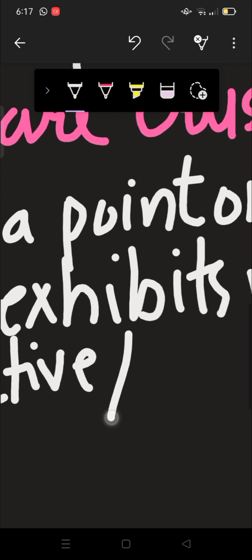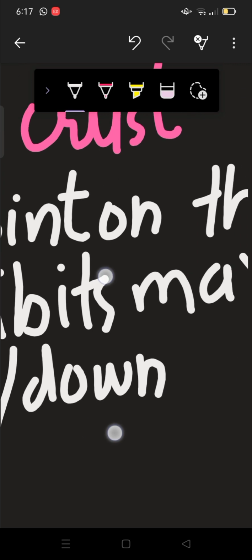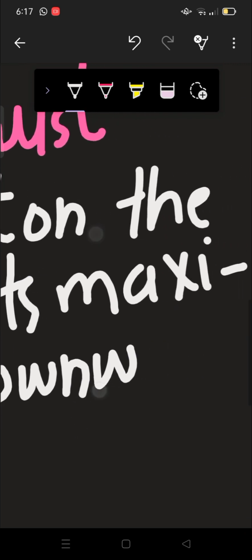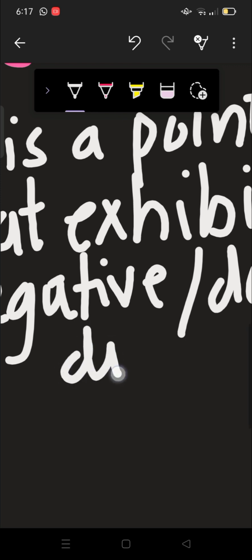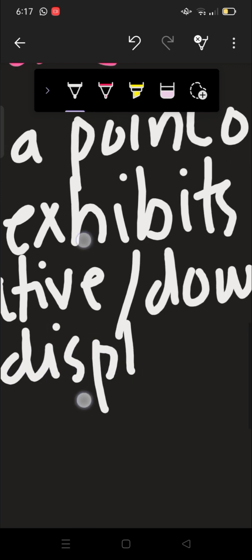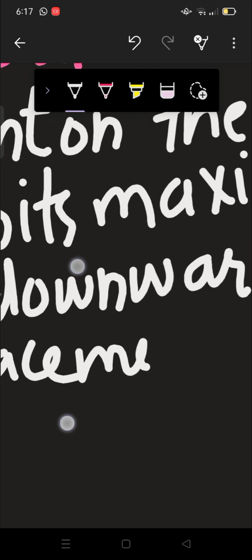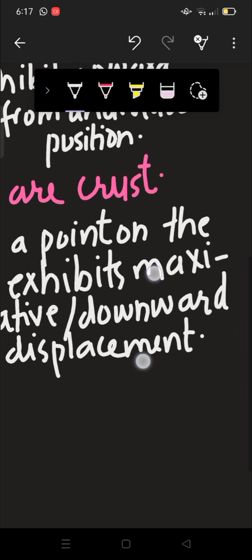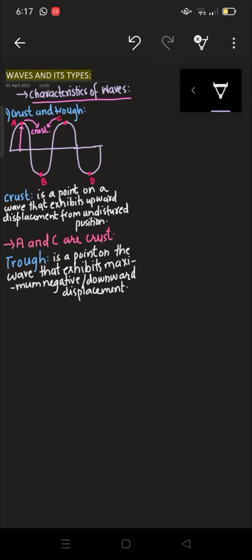Or we can also write downward displacement, as we wrote there upward displacement. So here downward displacement. So I'll explain the trough to you guys with the help of this definition.